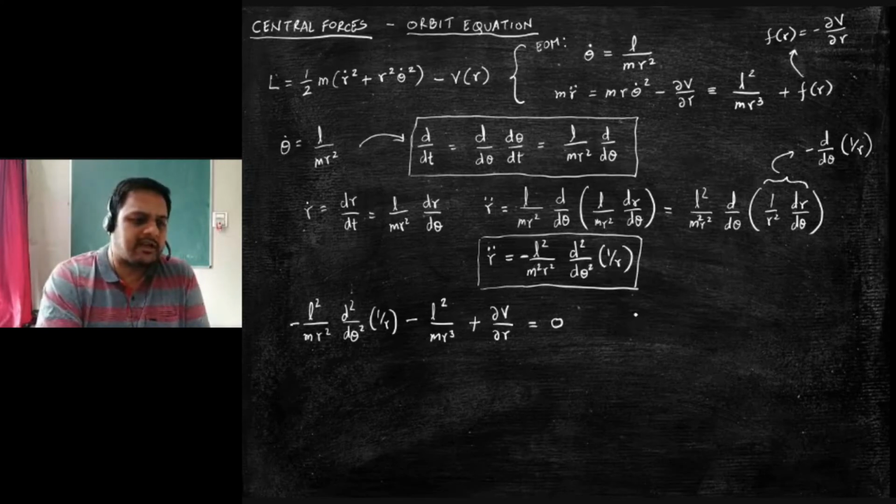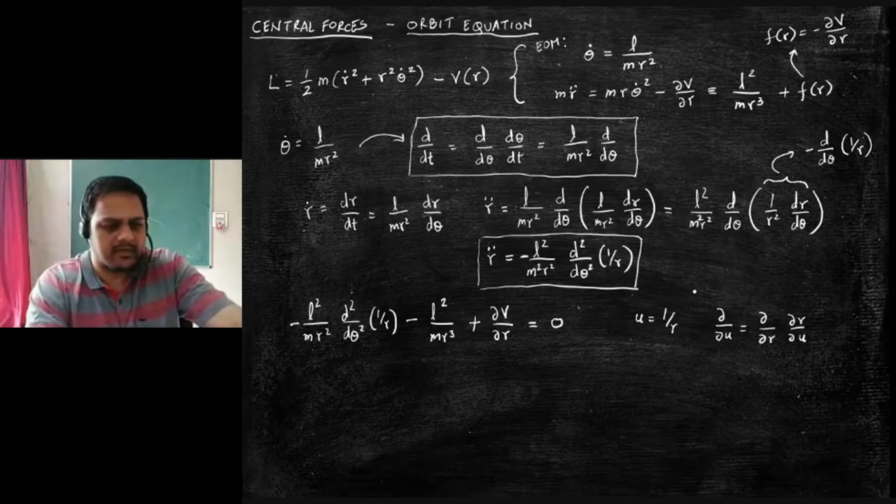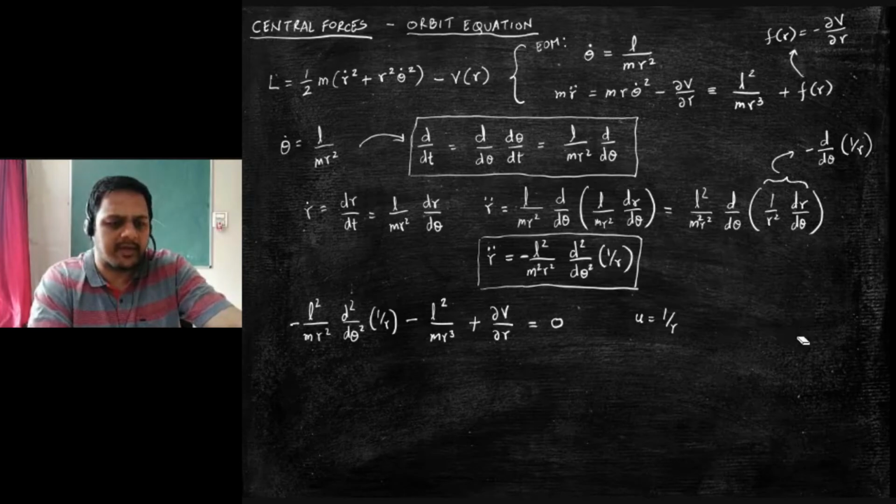Suppose I change the variable. Suppose I say let u be equal to 1 by r. Then of course dabba by dabba u will be dabba by dabba r into dabba r by dabba u, or let us take what will be dabba by dabba r.